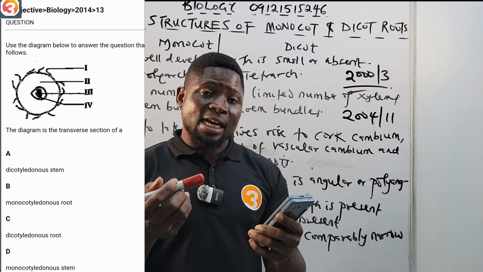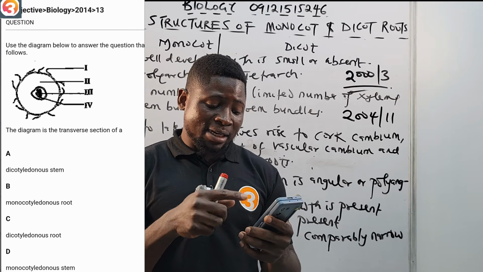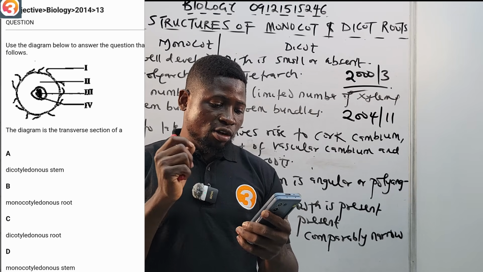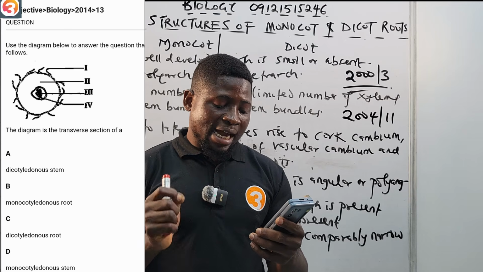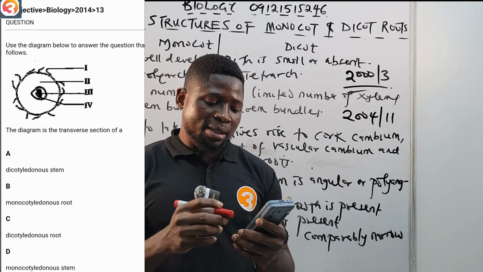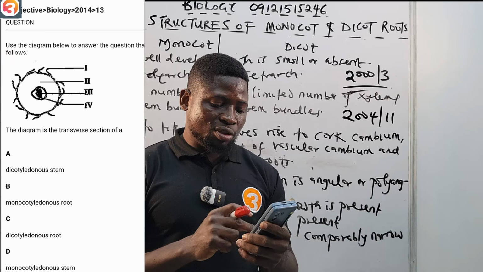It has a central star-shaped xylem at the center, then phloem between the xylem arms, and it does not have a central pith. Those are the characteristics of a dicotyledonous root.